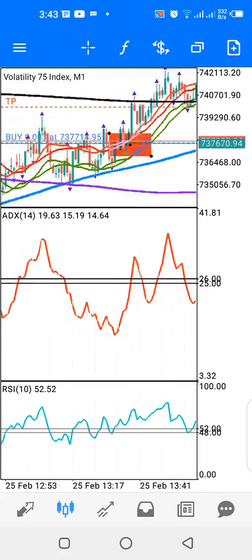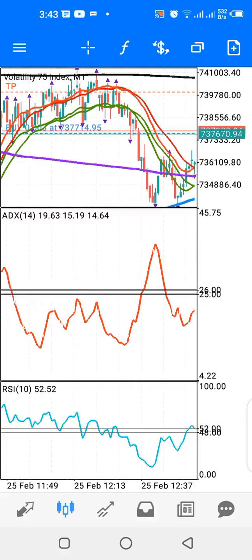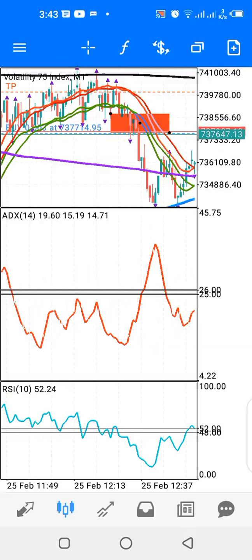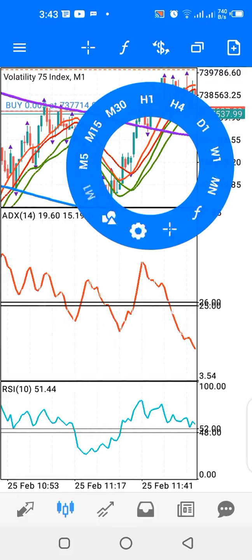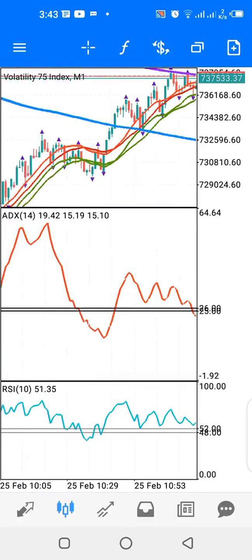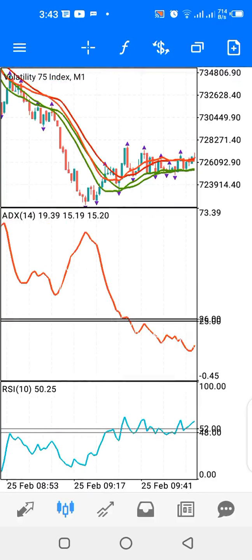So that's basically how to scalp using this strategy. For this particular part, we have a sell signal here as price starts to close below the 20 and the 15 moving average. Here we have a buy signal as price starts to close above. We have another buy signal here.